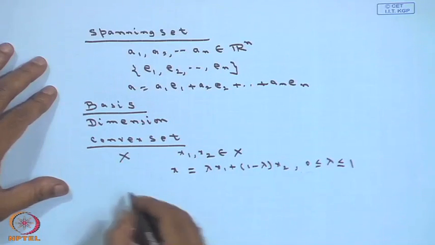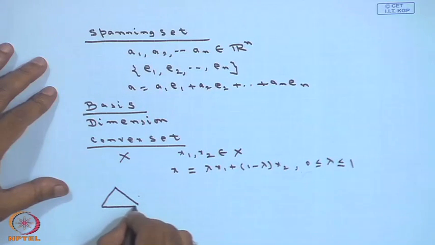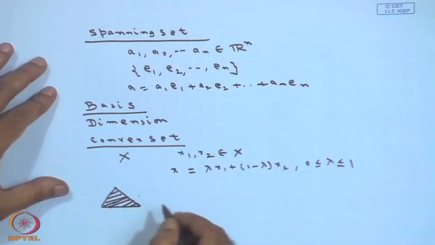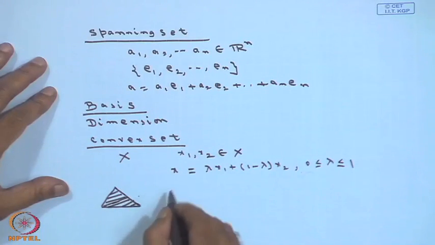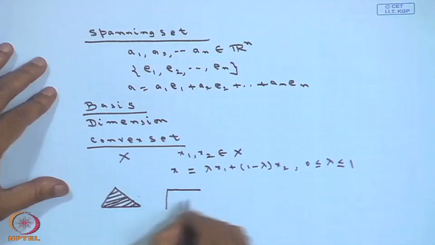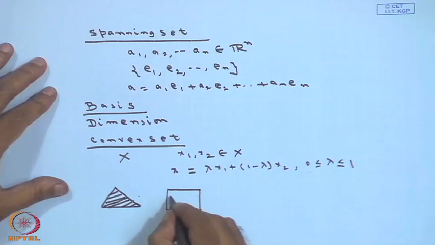For example, a triangle and its interior form a convex set, because if you take any two points inside it and join them, the segment also lies inside the triangle. Similarly, if I take a rectangle, this entire rectangular region also forms a convex set.